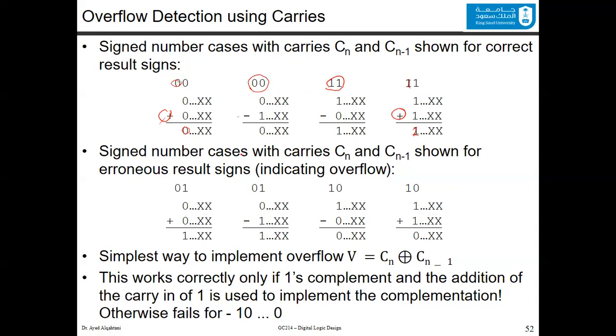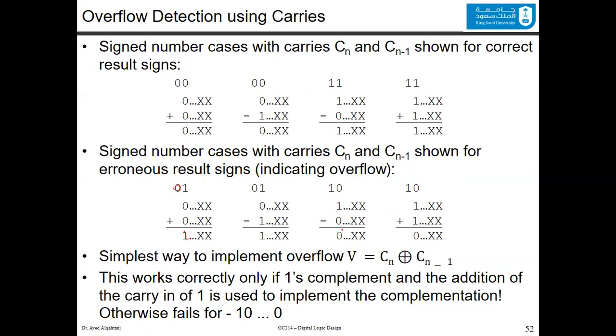Now the sign number cases for these carries, Cn and Cn minus 1, but shown for an erroneous result sign because of the overflow, would be like this. For example, for the addition, if you add 0 plus 1 plus 1, the result is 0, carry 1. 1 plus 0 plus 0, the result is 1, carry 0.